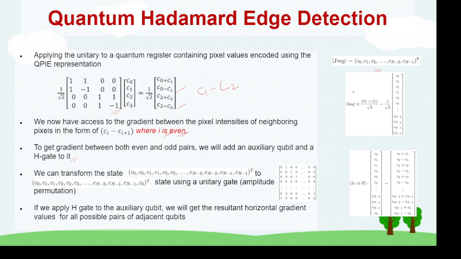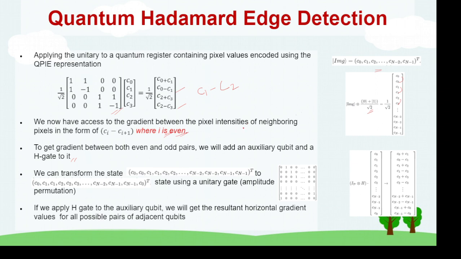Now we are adding one auxiliary qubit with a Hadamard gate onto it. When you do the multiplication, the size of this row matrix will get doubled, correct? And what are the new elements? They are nothing but the old elements repeated twice, correct? That's what will happen.